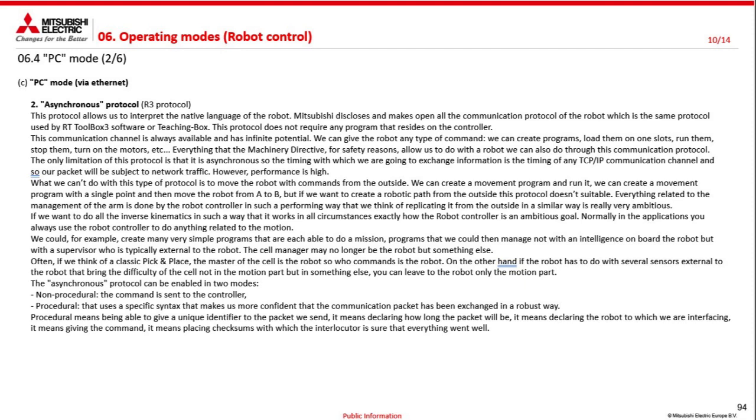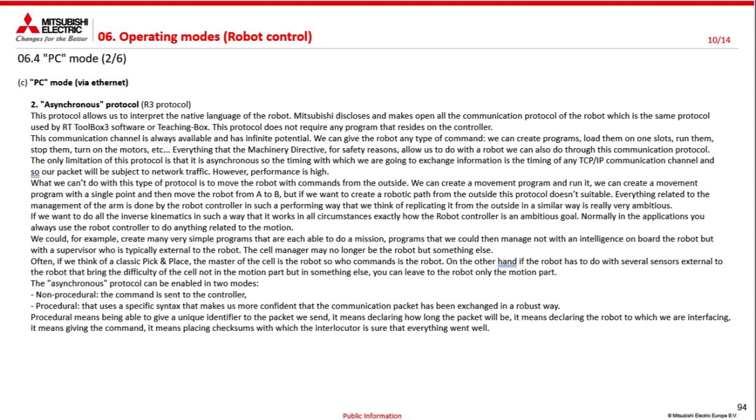Often, if we think of a classic pick and place, the master of the cell is the robot. So the robot is in charge. If, however, the robot has to deal with a number of external sensors that cause the difficulty of the cell, not in the motion part but in something else, we opt to leave only the motion part to the robot.